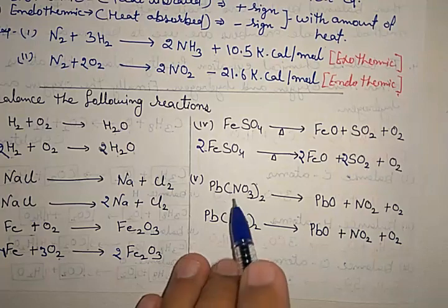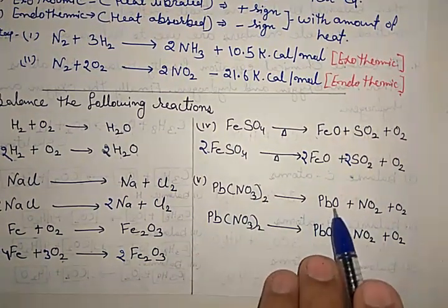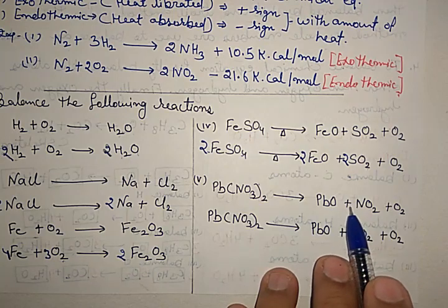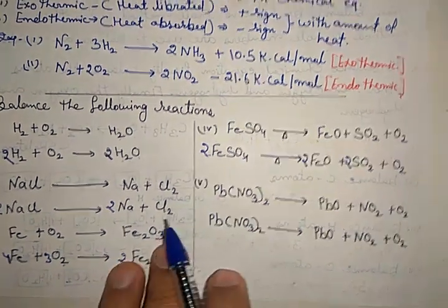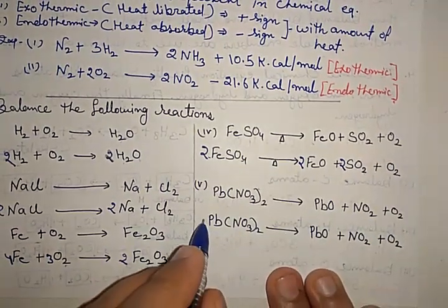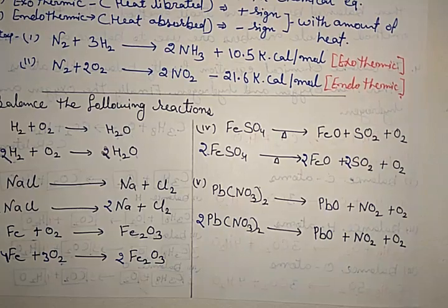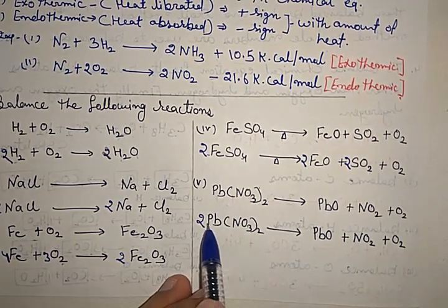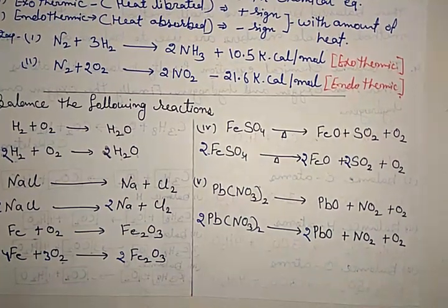Now here Pb(NO3)2 decomposes into lead oxide, PbO plus NO2 plus O2. Here I am attempting a similar process. I put 2 here. Now Pb becomes 2, here Pb is 1, so I put 2 here.